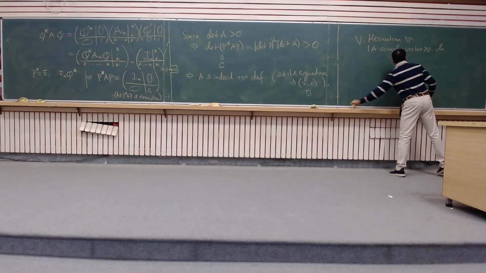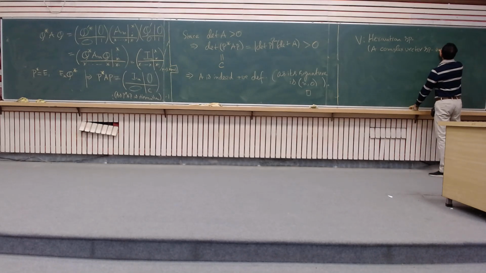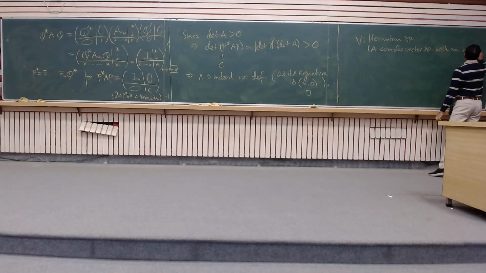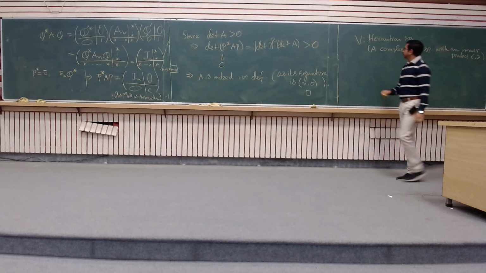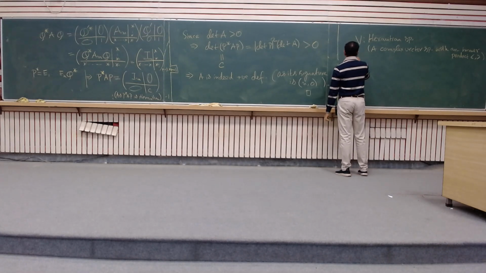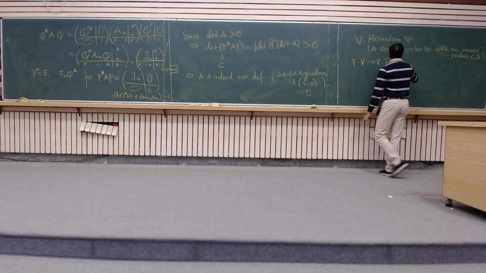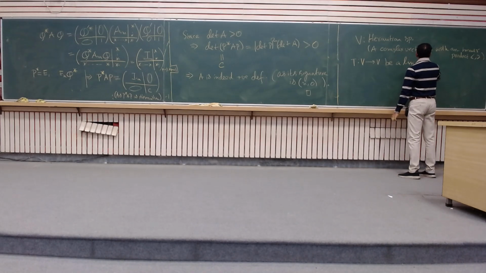So that is a complex vector space on which an inner product is defined, or with an inner product. Now let T from V to V be a linear operator.